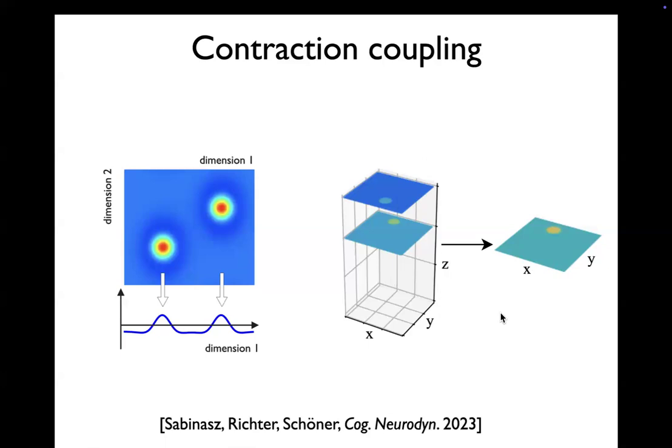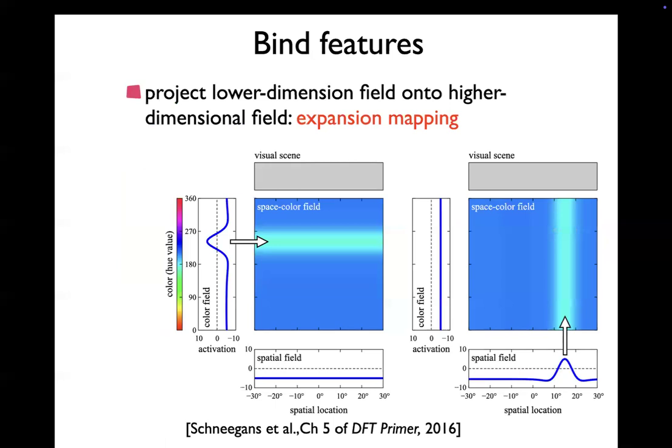You could also take only the spatial representation within a particular color layer, summing over all the colors. No, sorry. Which direction did I just go? I don't remember, but I think you get the idea.